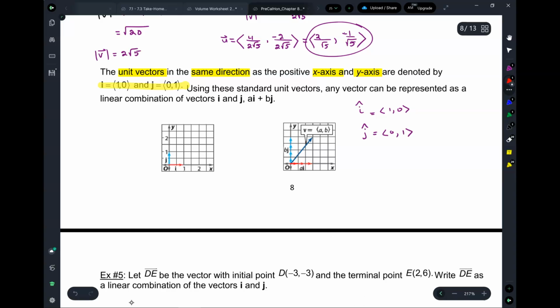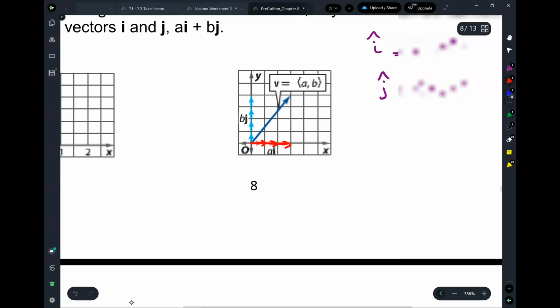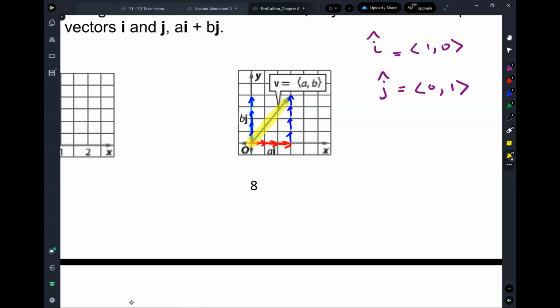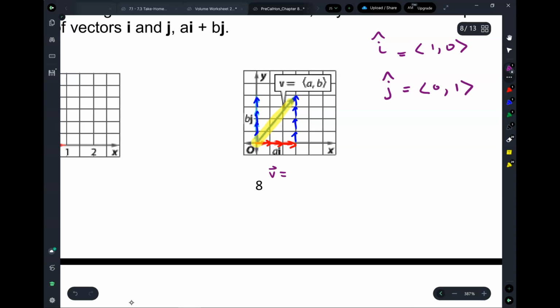So for example, if I were to take 1, 2, 3 I hats and 1, 2, 3, 4 J hats, imagine I put the J hats here, they will combine to create this vector V. So if that vector V has 3 units in the x component and 4 in the y component, how do we write vector V in component form?